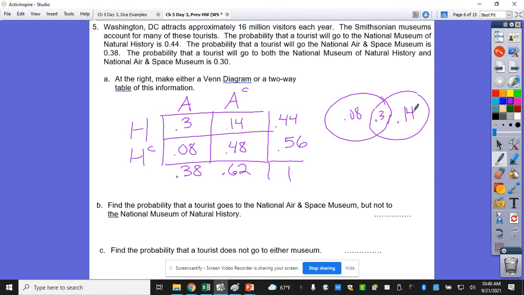So then my questions that go with this, this one is ones that you're basically just saying, did you do it right? But I want to write out the way that it would be written. So probably they go to the National Air and Space, so they do this, but not to this one. So what's my answer? 8%. We agree that it's that space, right?